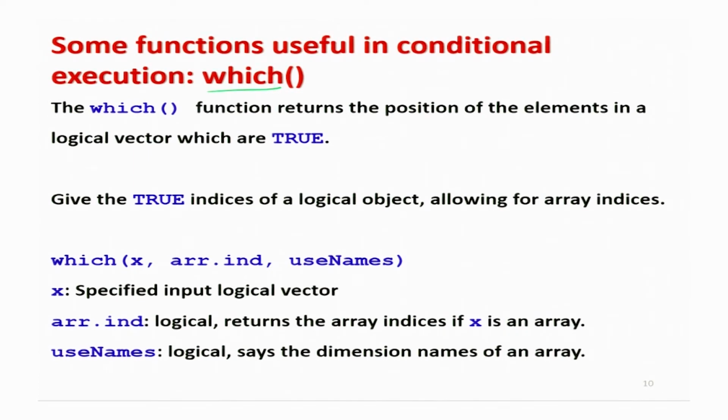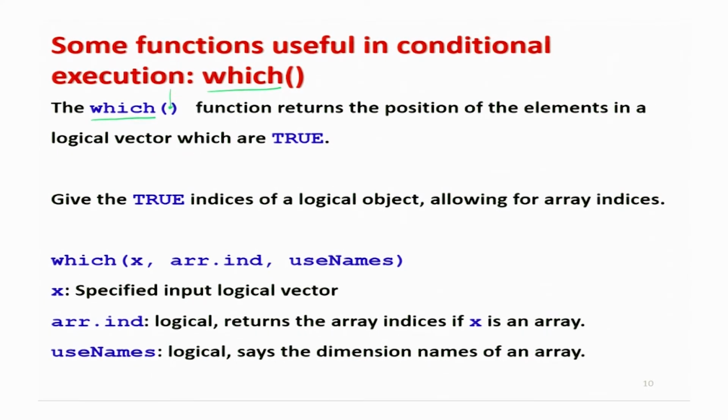So, I will explain with some examples, but before that let us understand how it is done. When you write which, WHICH, all in lowercase alphabets, whatever data you want to give goes inside the parenthesis.